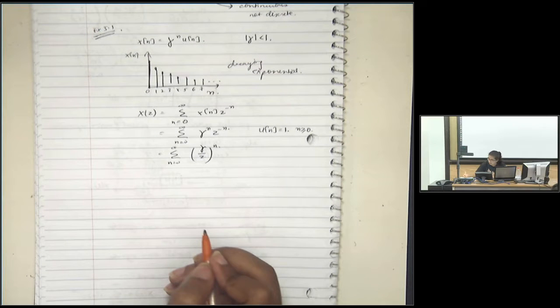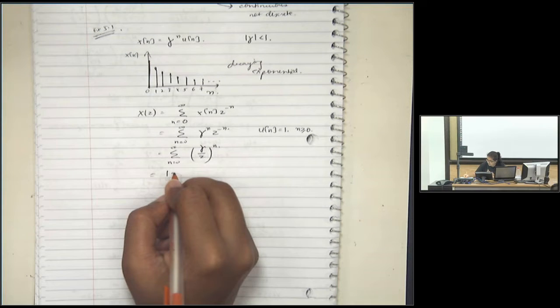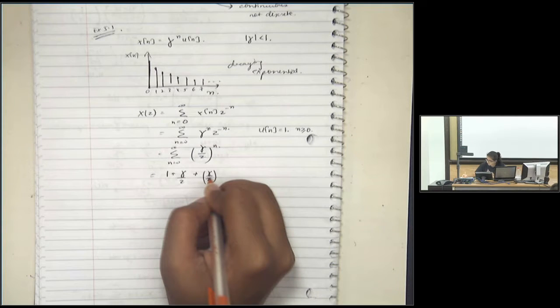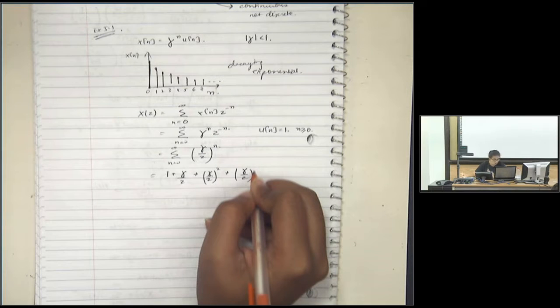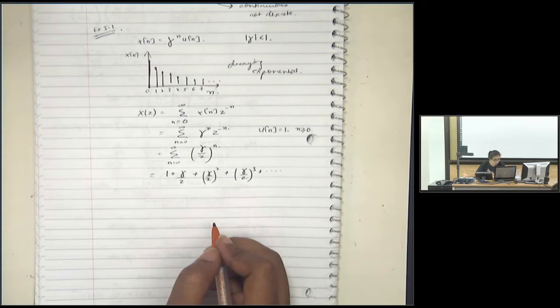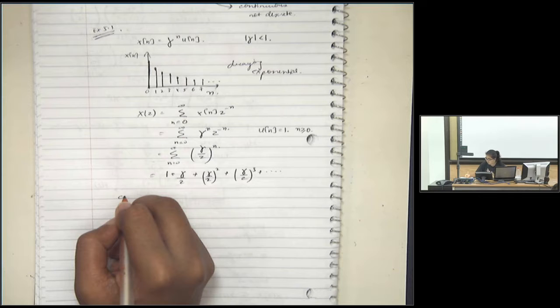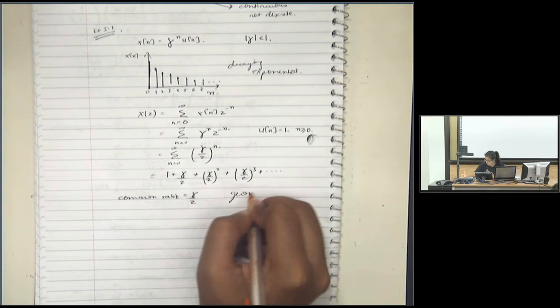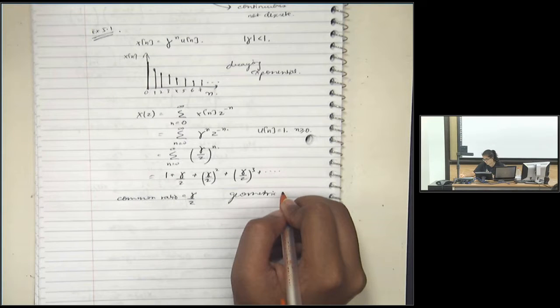right? And this looks like what sort of a series? Correct. And what is the common ratio that we are multiplying with? Correct. So our common ratio is gamma over z, and it's a geometric series. Is it a finite geometric series or an infinite geometric series?